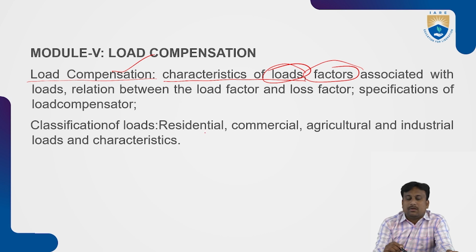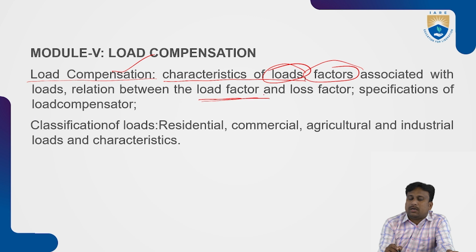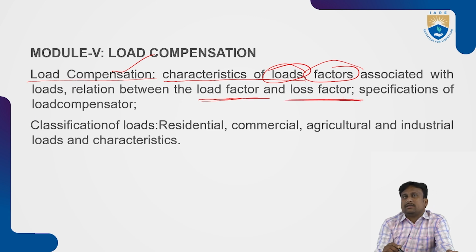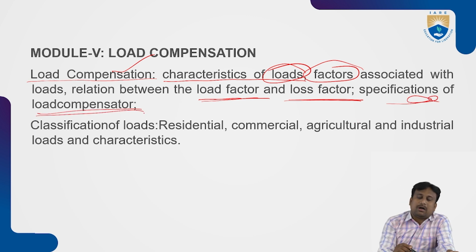them, and we will make the relation between the load parameters called load factor and loss factors, and we will define some specifications here. This can be done by one of the load compensating devices.